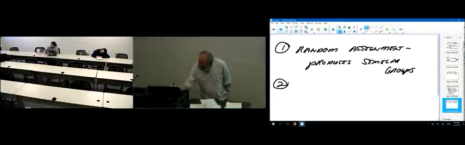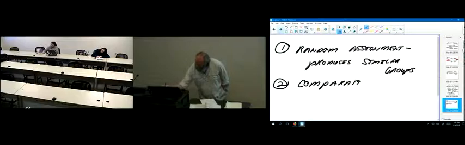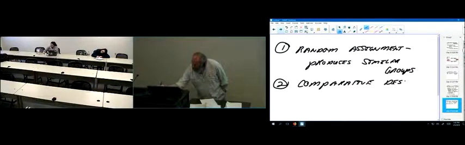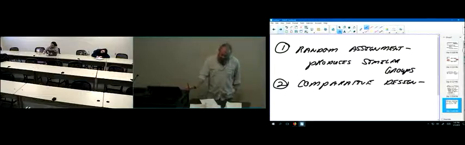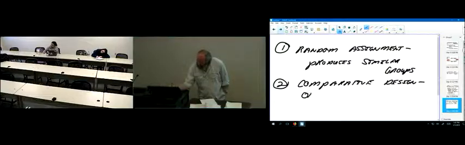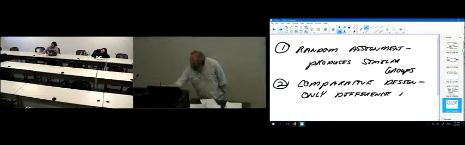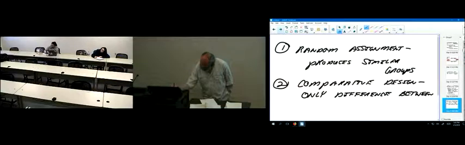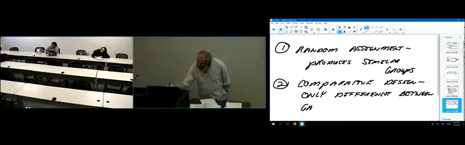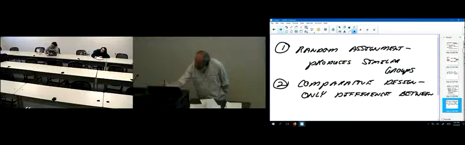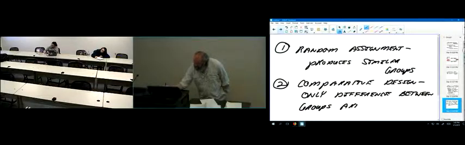Two, the comparative part, right, the comparative design where we know we're going to compare treatments, the only difference between these groups that we randomly make are the treatments.